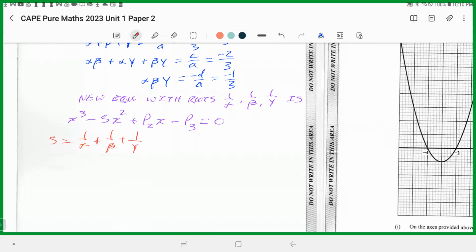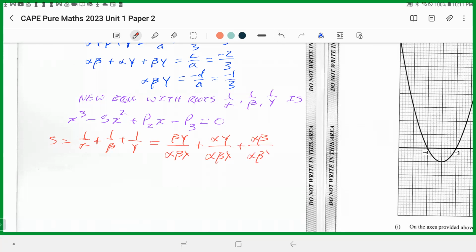All right. And what you want is to make the three denominators the same. So this one, we multiply numerator and denominator by beta gamma. So the numerator is going to become beta gamma over alpha beta gamma, plus, multiply this one now by alpha and gamma, numerator and denominator, so it becomes alpha gamma over alpha beta gamma, plus, multiply this one now by alpha beta, so you're going to get alpha beta over alpha beta gamma.